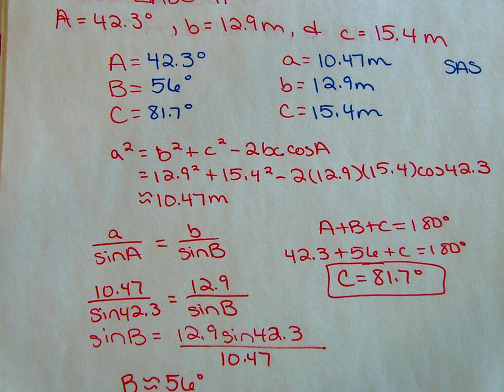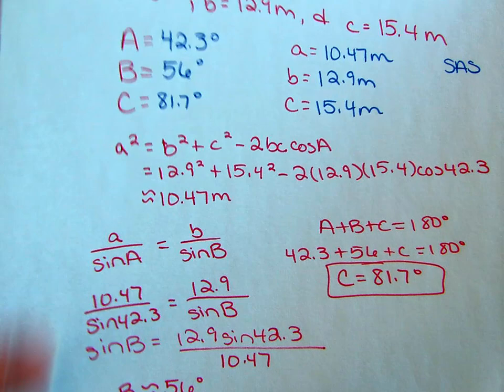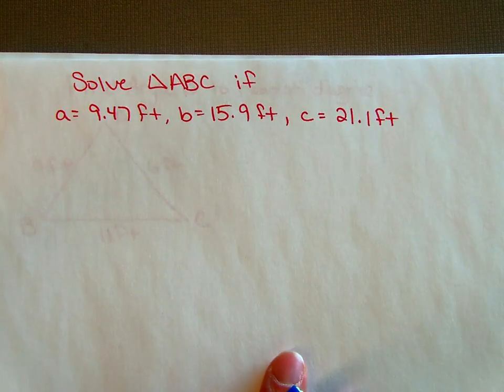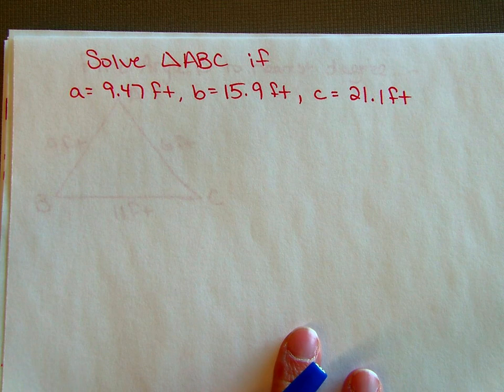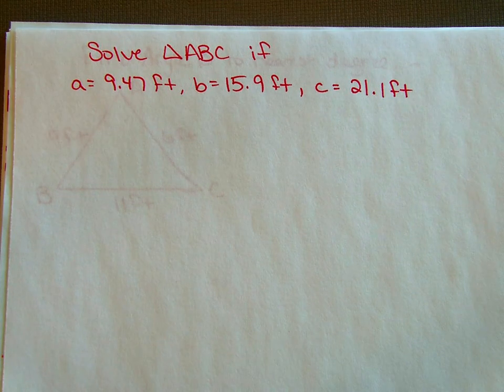It kind of follows that pattern every time. Regardless if you're dealing with a side angle side triangle, which is the one we just did, or this triangle. Notice we don't have any angles, which means this is a side, side, side triangle. We just know our measurements of all of our side lengths.